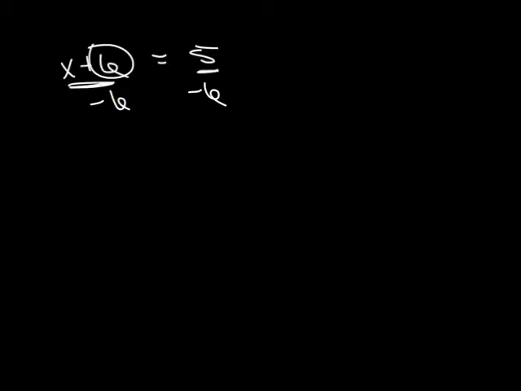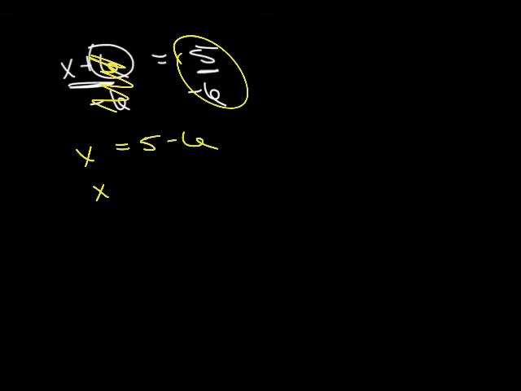So 6 minus 6 is 0, so this one goes away. 5 minus 6 is negative 1. So what we're saying then is this equation that we had, x plus 6 equals 5, well, if we want these to be equivalent, then this x value has to equal negative 1 so that when we add 6, we get 5.